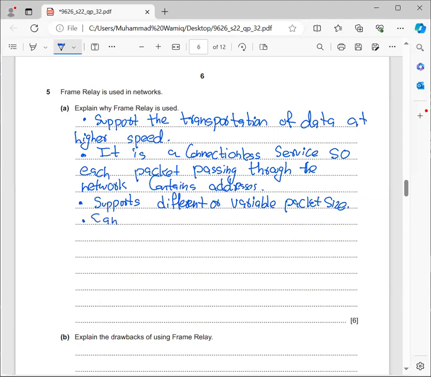It can detect errors. I can also write that it operates at the physical and data link layer.